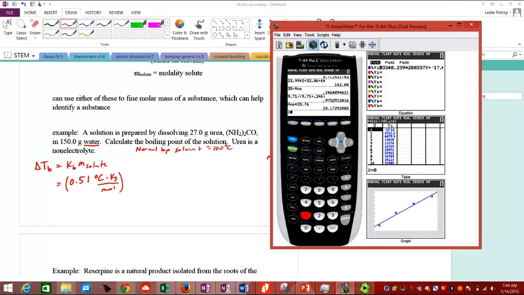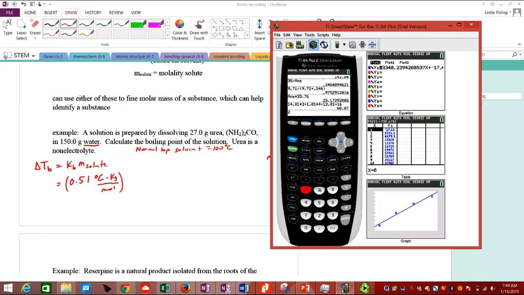So urea is made up of nitrogen, which has a mass of 14.01, and we have 2 of them. And hydrogen, 1.01. We have 4 of them, so we've got a 2 inside and outside the parentheses. Plus carbon, which is 12.01, plus oxygen, which is 16. So we have 60.07.